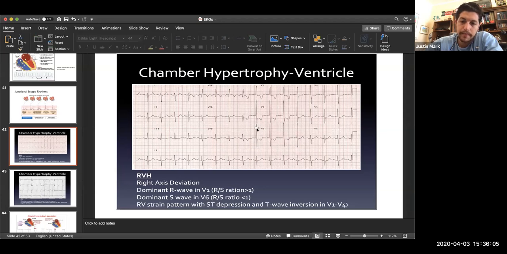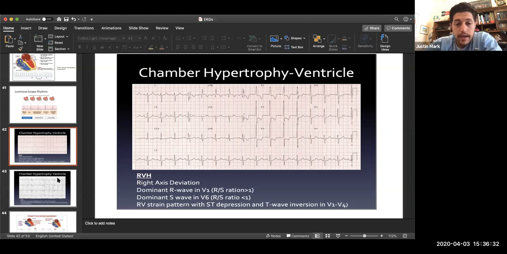A lot of times when people see this ST depression, they may think it's characteristic of ischemia, but it's not. It's actually part of what's called the strain pattern when you have a ventricular hypertrophy. So if you have these two findings together, it's probably not necessarily ischemia. It's more likely to be a ventricular hypertrophy.